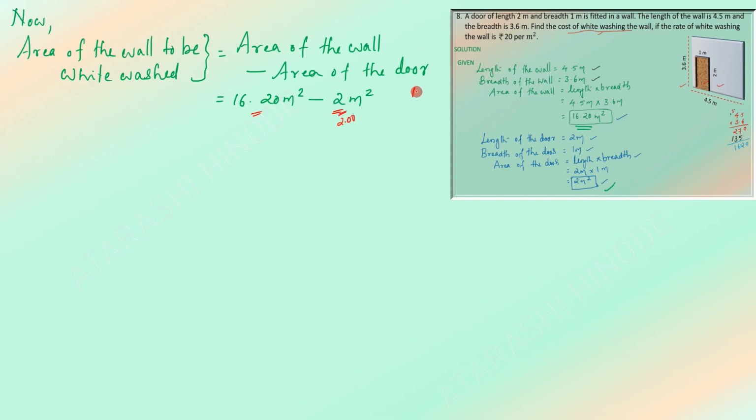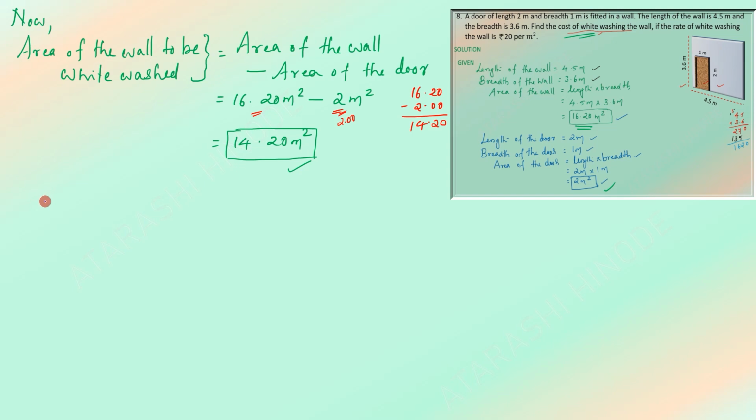So 16.20 minus, you have to write 2 just below this 6 like this, then 0, 0. When we subtract, we get 14.20, that much meter square.